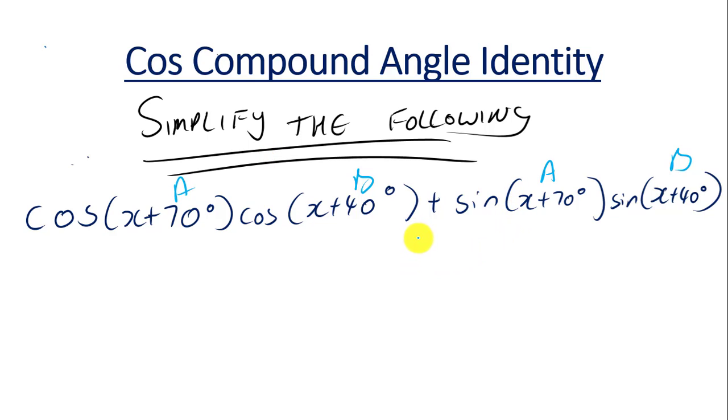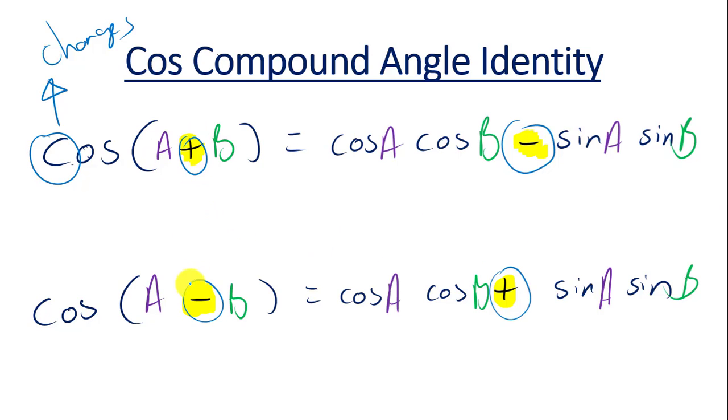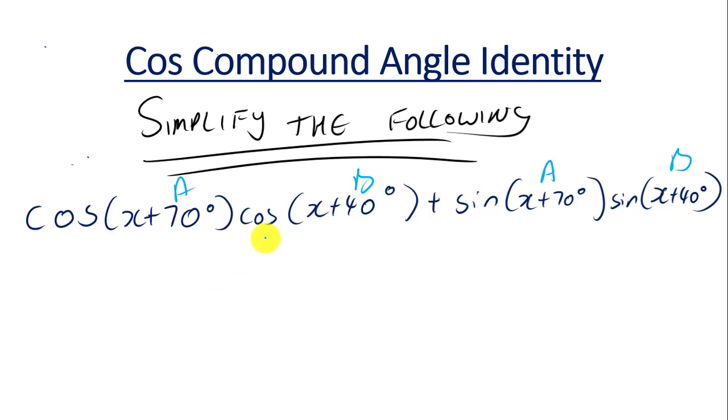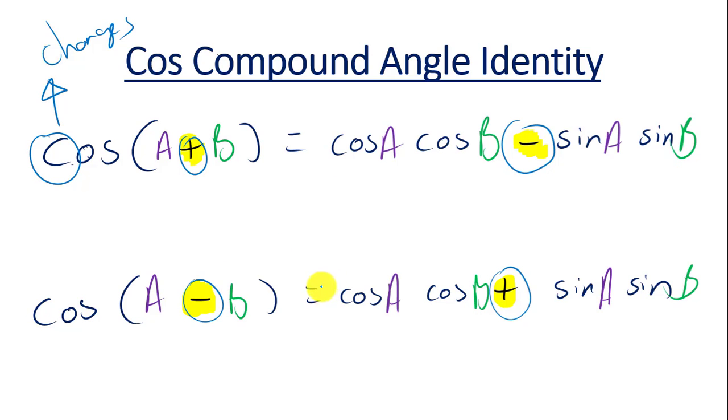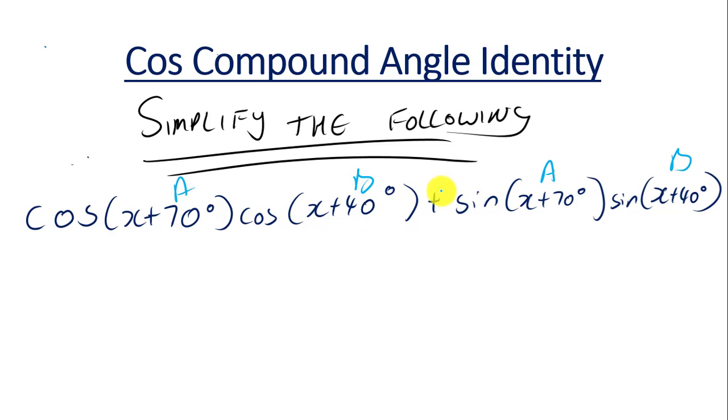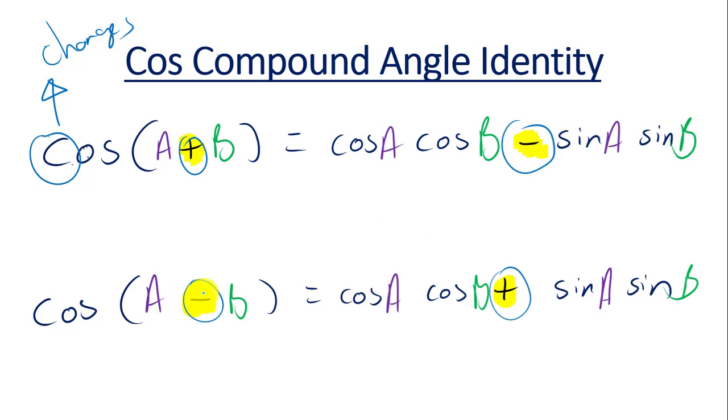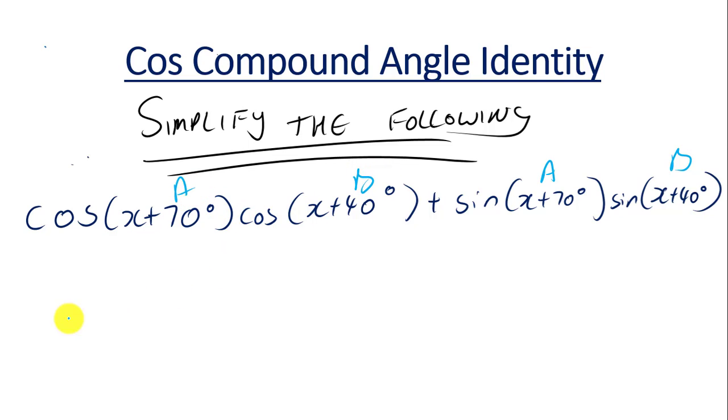All we need to do is identify which specific one of these two scenarios we need to apply and convert it as such. So over here I can see that I'm dealing with a plus sign, so I know that I'm dealing with this second scenario where the plus turns into a minus sign, and I subtract B from A.